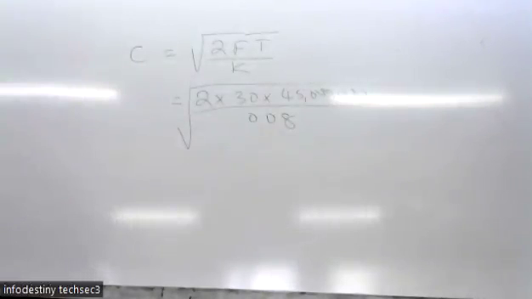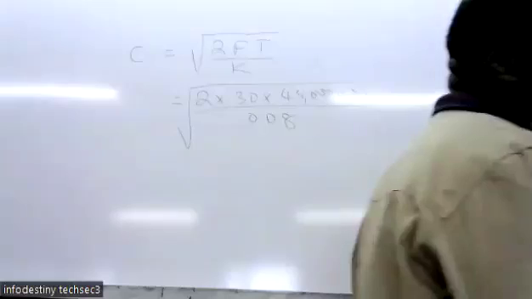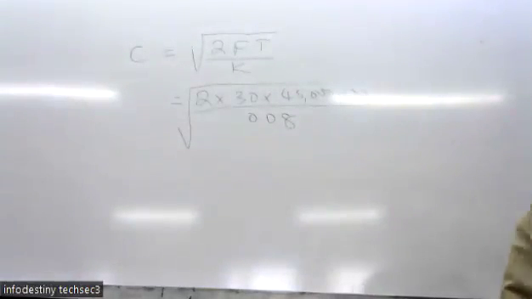So F is the transaction cost per transaction, which has been given as 30 shillings. Then the cash outlay for the entire year is 45 million. K is the interest rate, which is 8%, 0.08. So what should we come up with as the optimal cash balance?